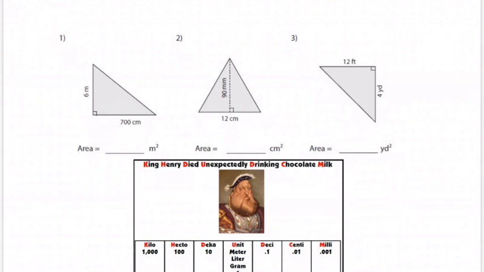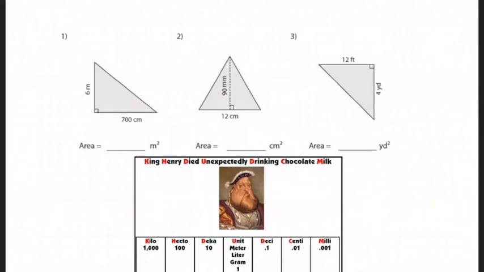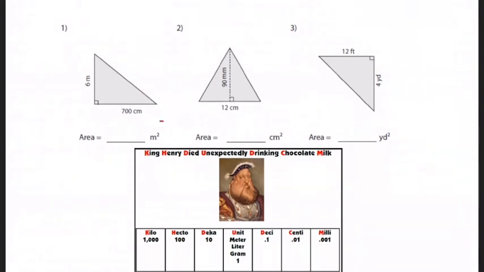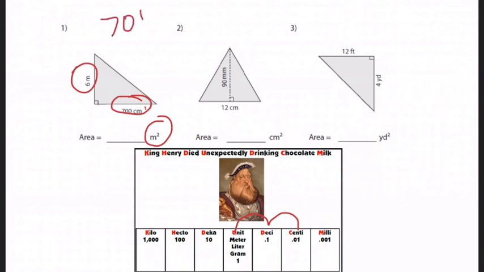Okay. If you notice these labels are different. I look over here, and it tells me I need meters squared. So this is in meters, this one's in centimeters. So I need to make this into meters. If I have centimeters and I want to get to meters, I go to the left 2. So I need to move the decimal in 700 over 2. 1, 2, and I get 7.